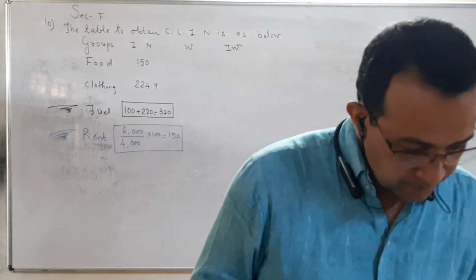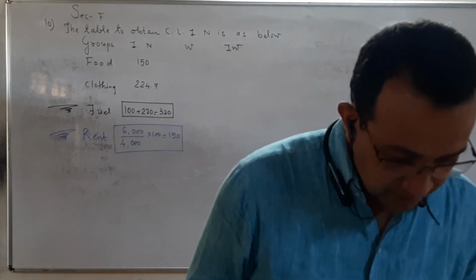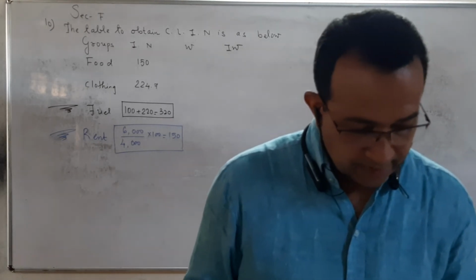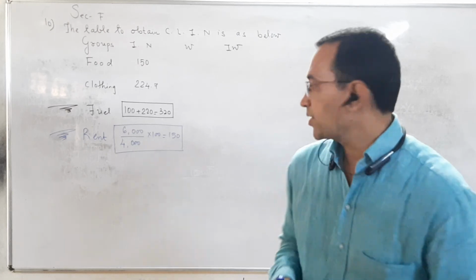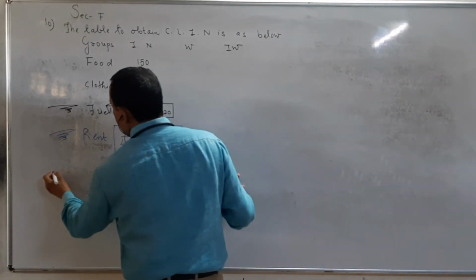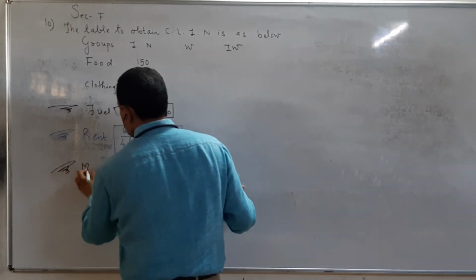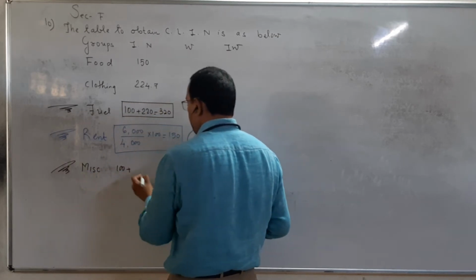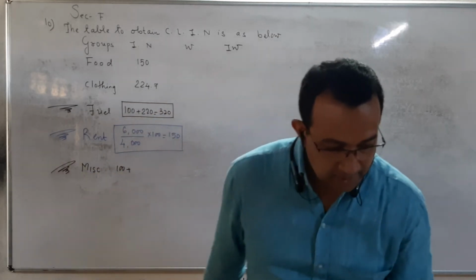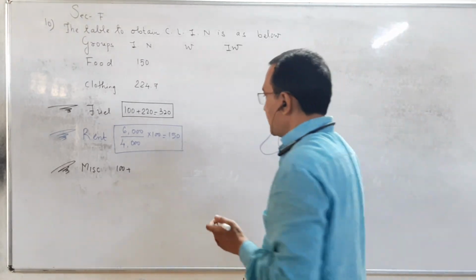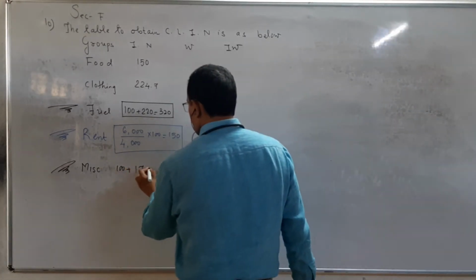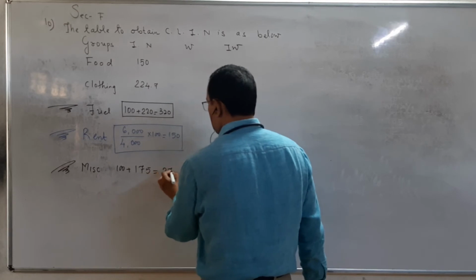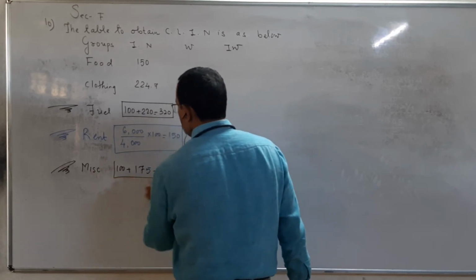And the miscellaneous expense increased by 1.75 times. Again, for miscellaneous, the index number will be 100 plus increment 1.75 times, so it is 175, and this works out to be 275.